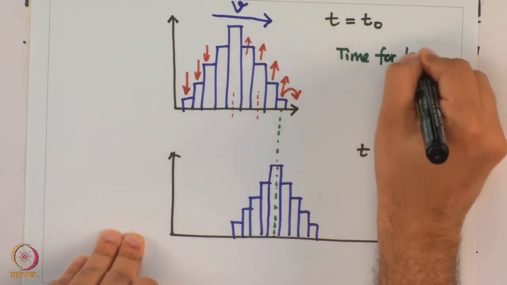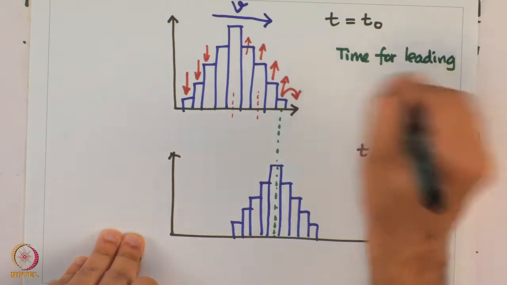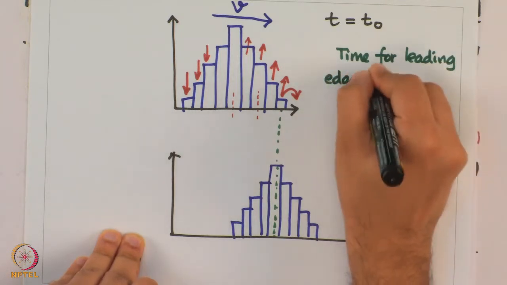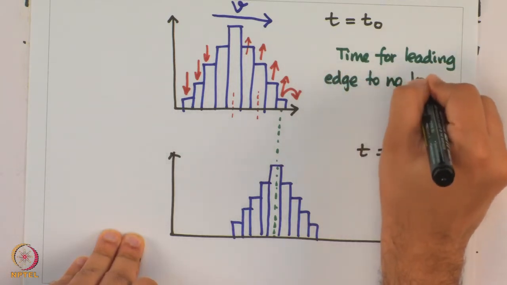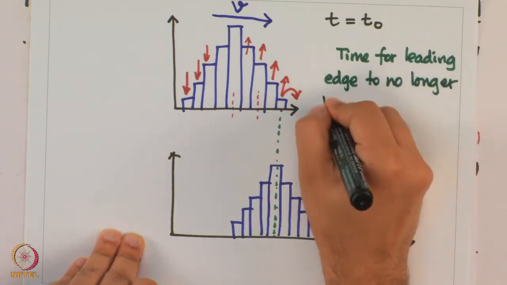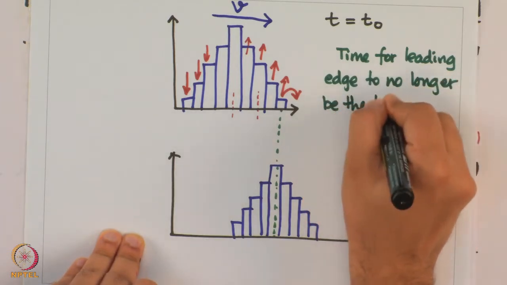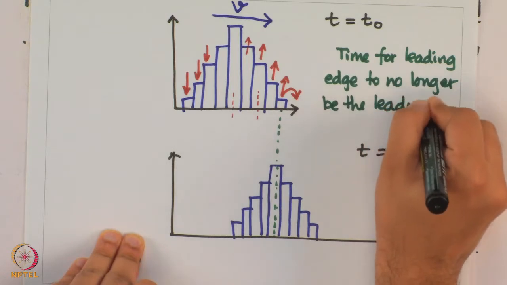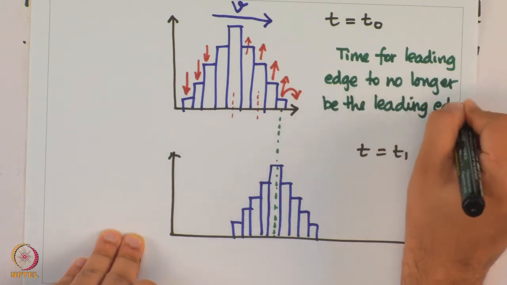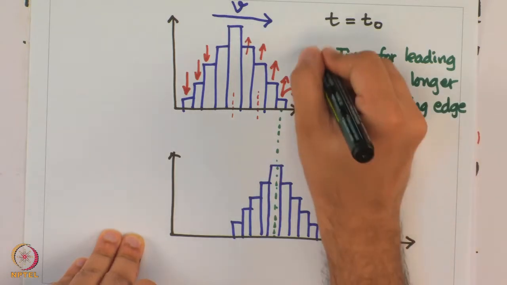for the leading edge to no longer be the leading edge is equal to tau.